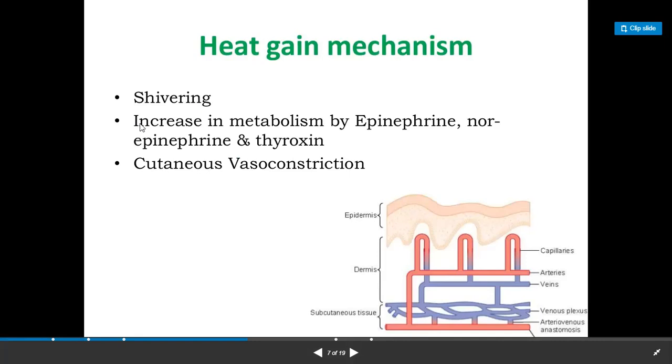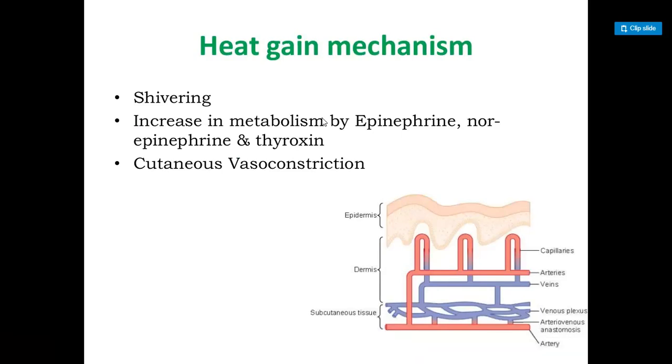Two, your body increases your metabolism by releasing hormones like epinephrine. Another name for epinephrine is adrenaline. So your body increases the metabolism by releasing epinephrine, norepinephrine, and thyroxine.